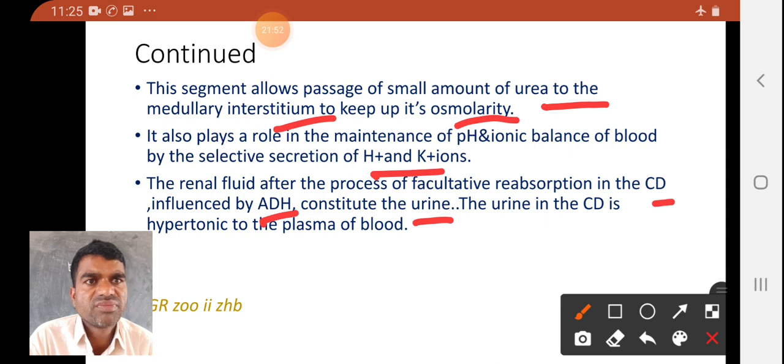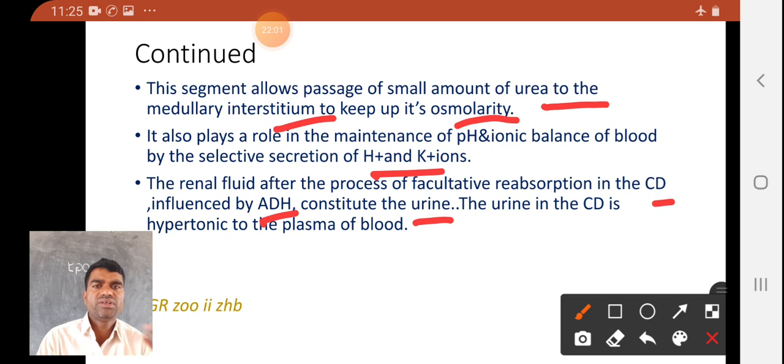The urine in the collecting duct is hypertonic to the plasma of blood. The urine is generally hypertonic, a high concentration solution.